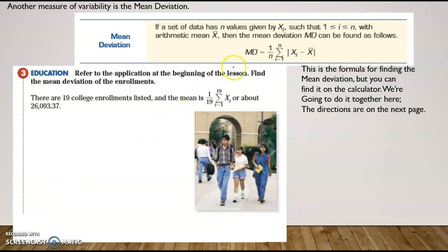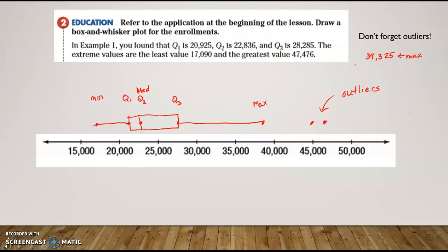Okay, this is another measure of variability. It's your mean deviation. What it is doing is finding out how far away from the mean you are. Just so I can break it down for you, we had a couple listed here.